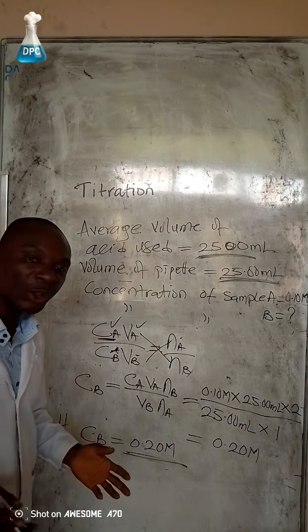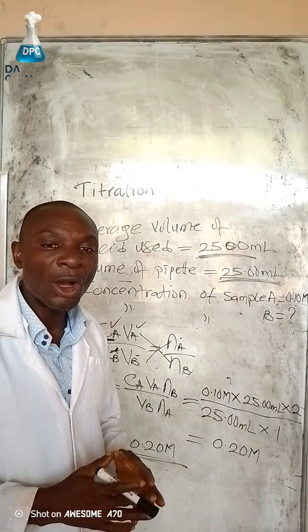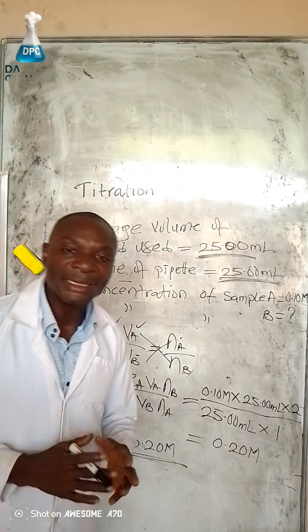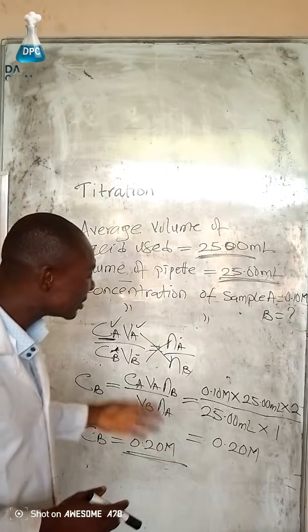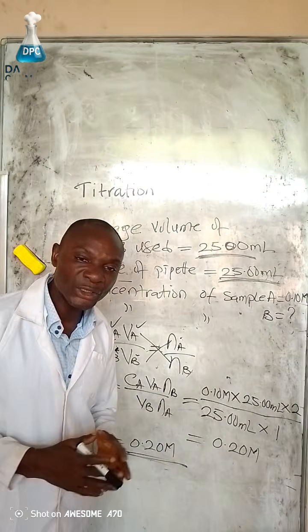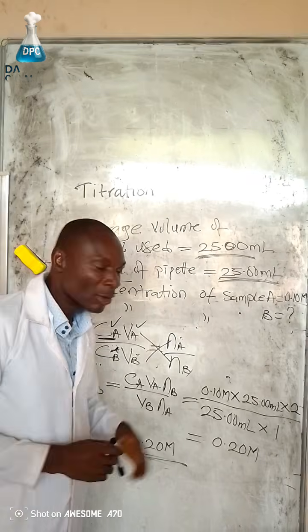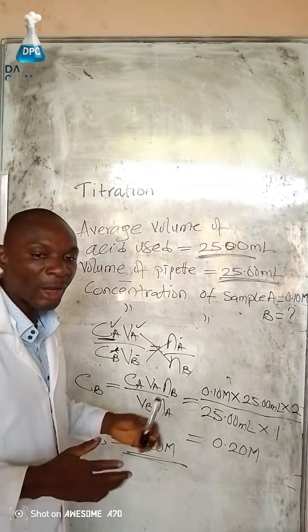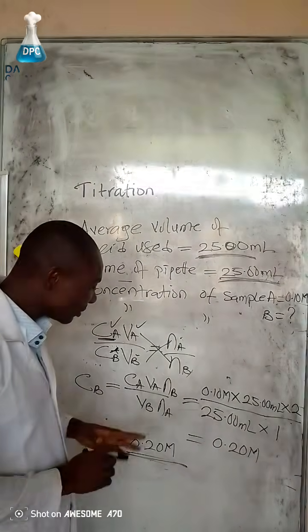Now, what we have just done, we took solution B, the base, to be of unknown concentration. Some other time, it can be the acid. Sometimes other questions can be asked for you to manipulate to arrive at the answer when you have good details of how titration calculations are handled.